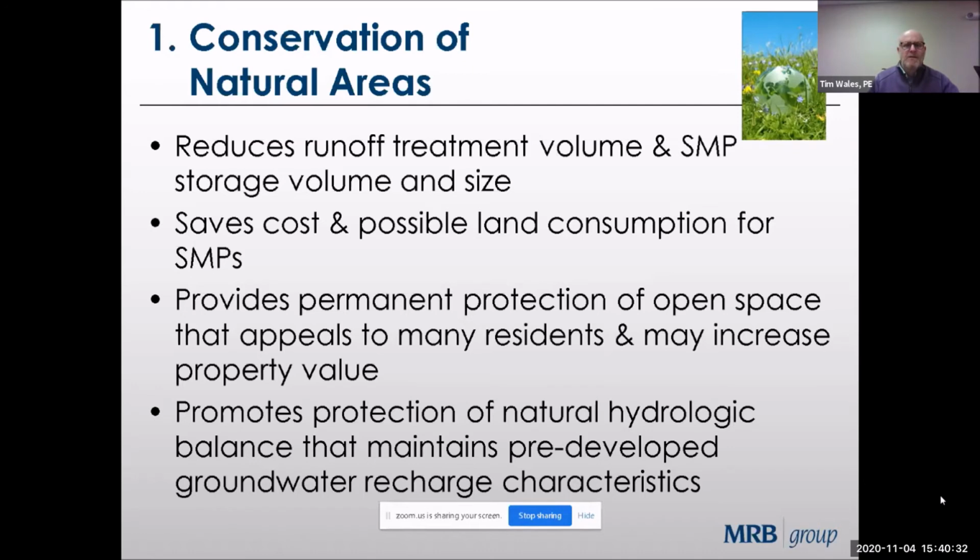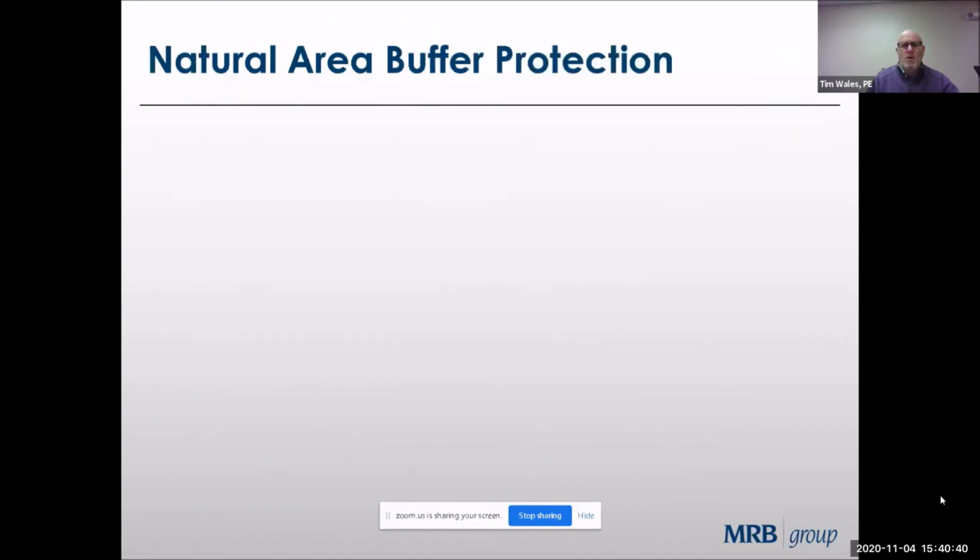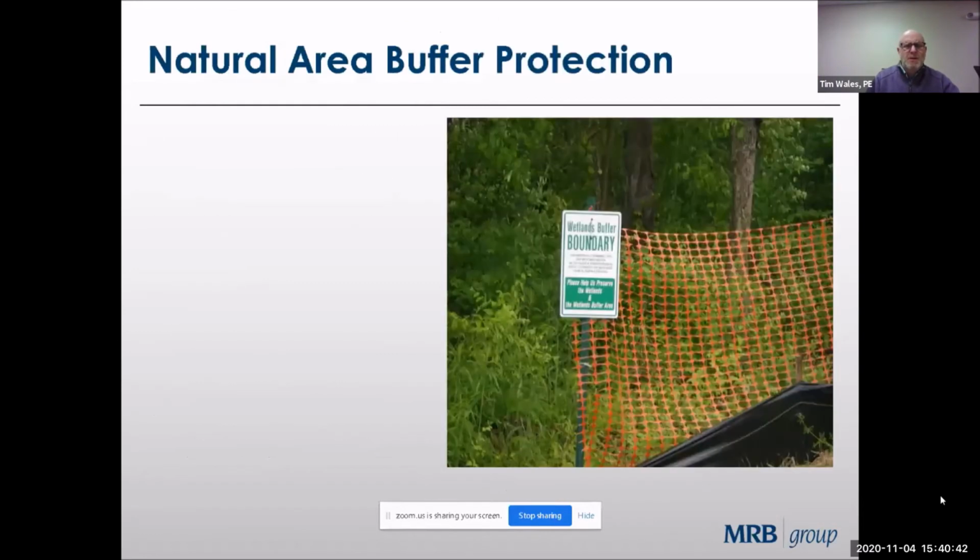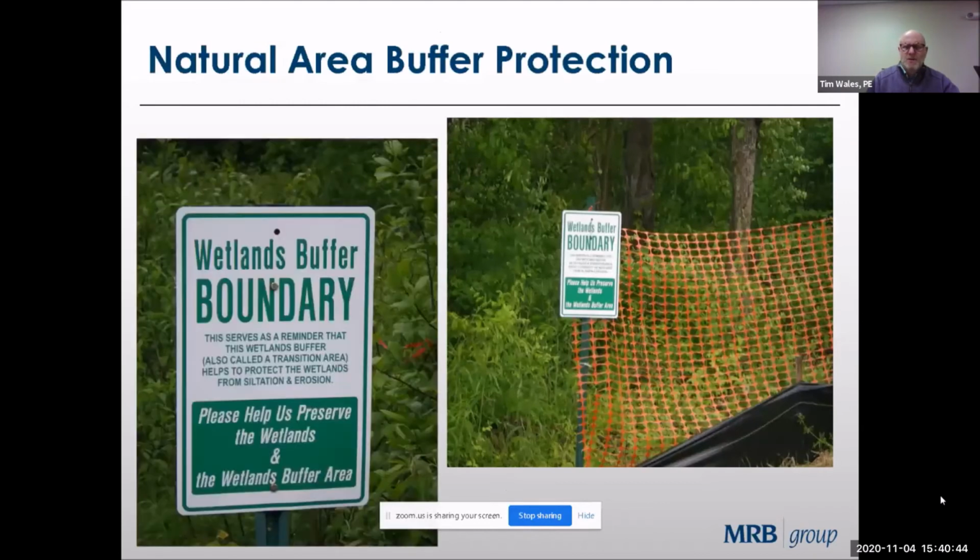Conservation areas increase property values and promote protection of the natural hydrologic balance and maintain pre-developed groundwater recharge characteristics. So if you have natural areas, conservation areas like that on a site, or they can be employed, they're very valuable for reducing runoff. We want to employ buffer protection of natural areas such as wetlands. An important part of buffer areas is signs and protection. You can see some construction fences and things like that.